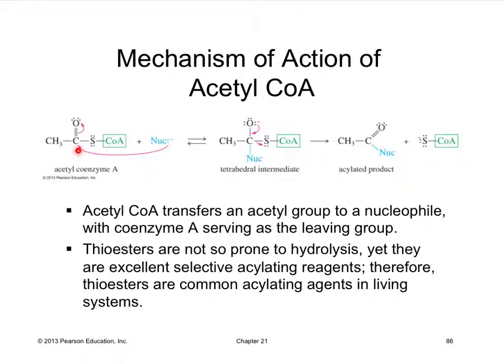Here a nucleophile will attack, electrons will come out, form the tetrahedral intermediate, then electrons will come out and then release, right? So forming, having this acetate onto the nucleophile. Oftentimes you see nucleophiles like lysine of proteins, like in histones, get acetylated using acetyl coenzyme A.